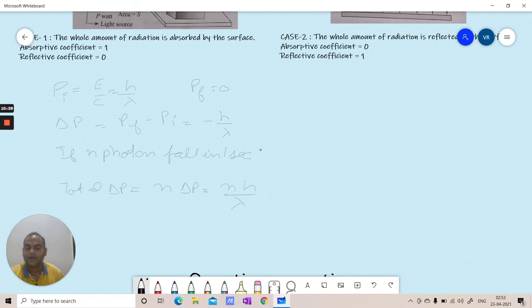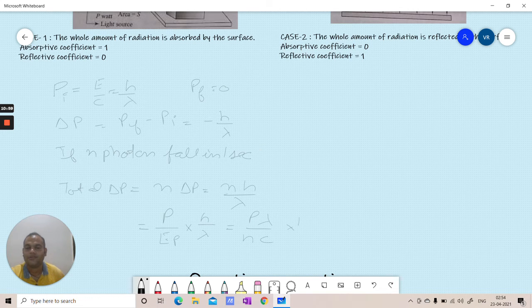Now one important thing here, n is the number of photons. We initially did this in the start. n is power upon energy of one photon, into delta P, which is h by lambda. Now P upon EP is what?